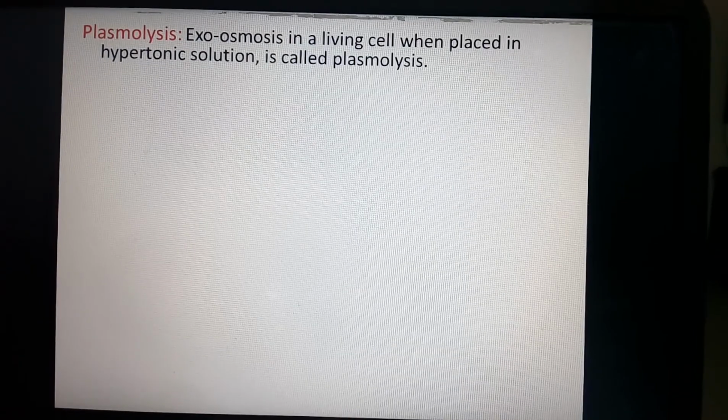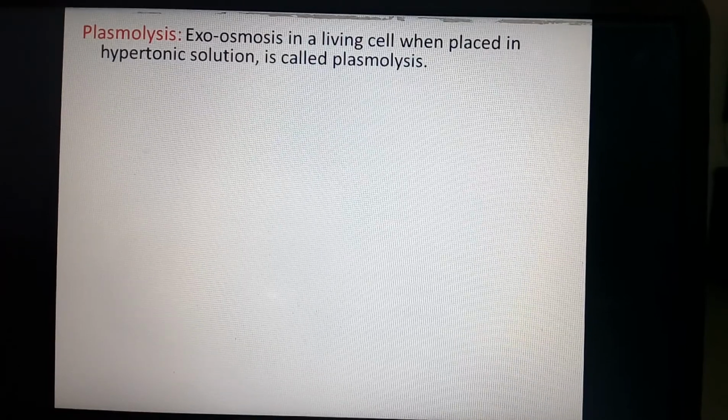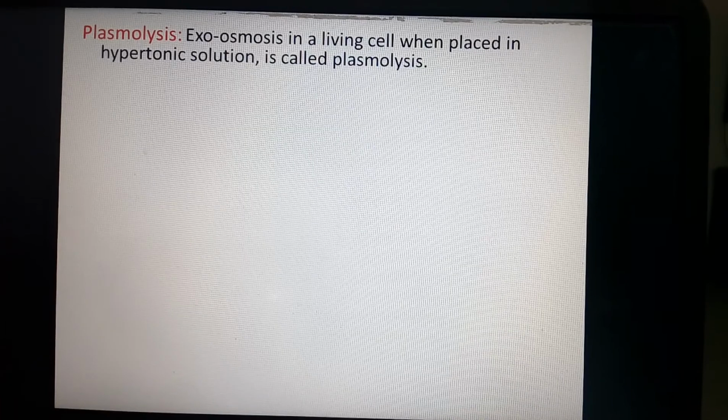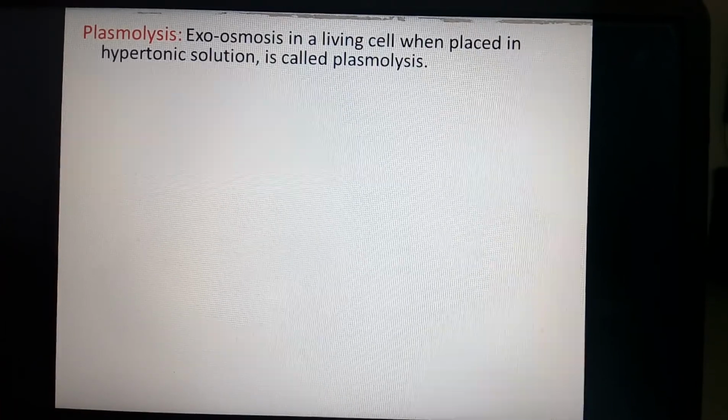So plasmolysis is exosmosis in a living cell when placed in a hypertonic solution, and this process is called plasmolysis.